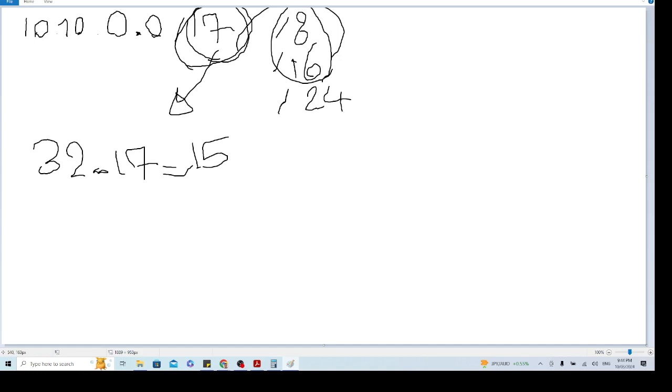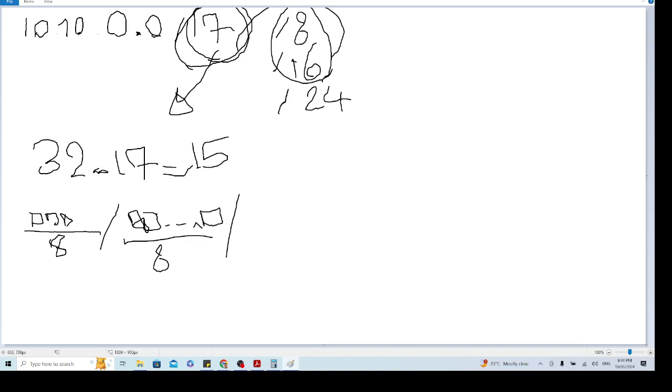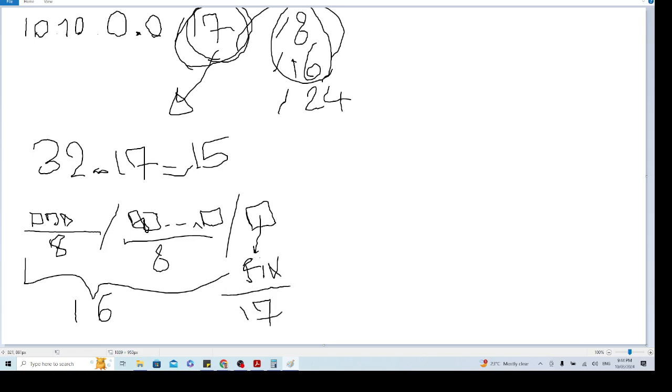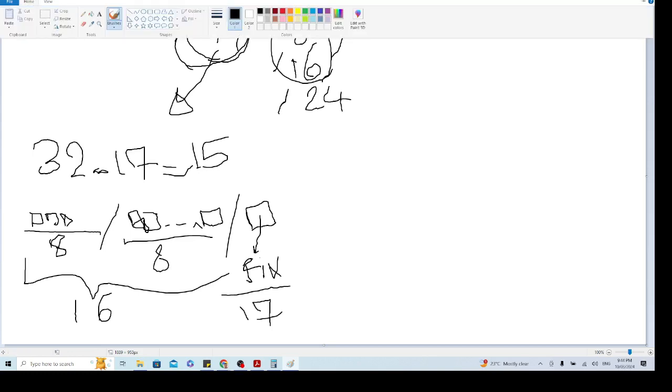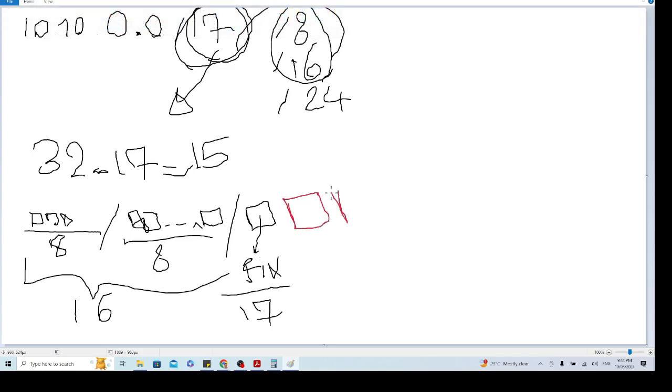So you will have 8 boxes here, then again 8 boxes here. These come to prefix 16, and one box here, which is again fixed, which makes it the prefix 17, but the rest, 7 boxes in that octet, will be free.